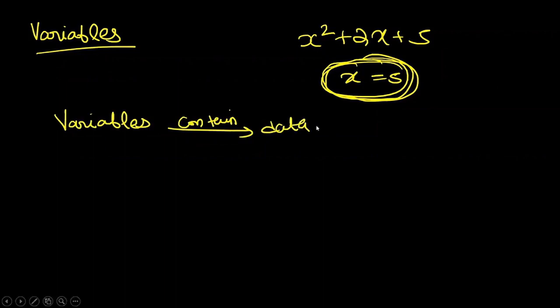Think of variables as containers inside which you can store your data. Whenever you want to access that data, you just access that variable and you get access to that particular data. So variables are very fundamental building blocks of computer programs, and variables contain data.